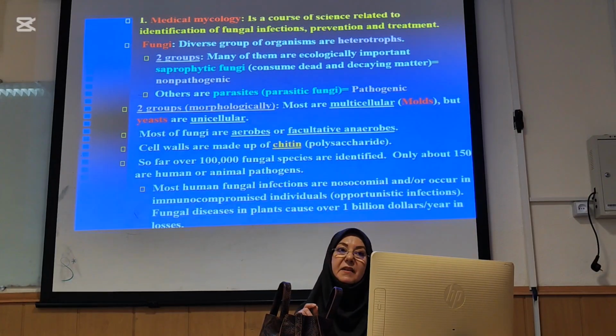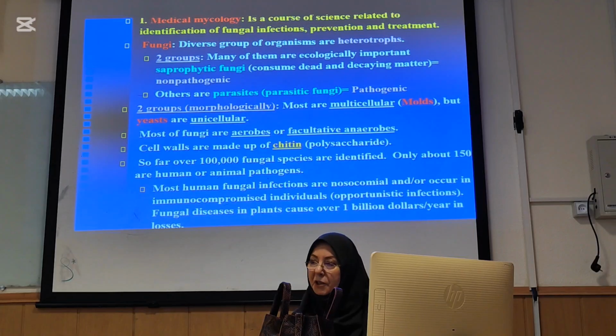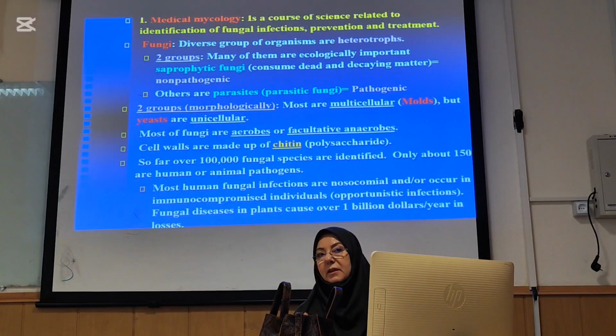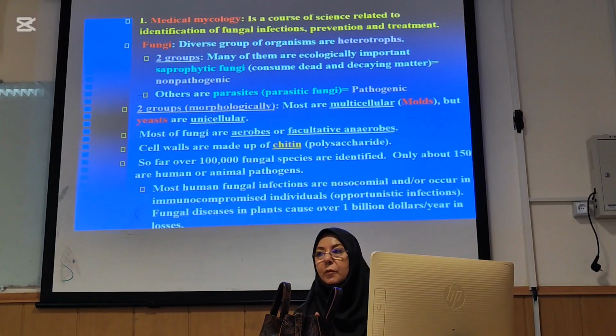So chitin is very important in the fungal cell wall. So far, over 100,000 fungal species are identified, but from this group of fungi, just 150 are pathogenic for humans and animals.